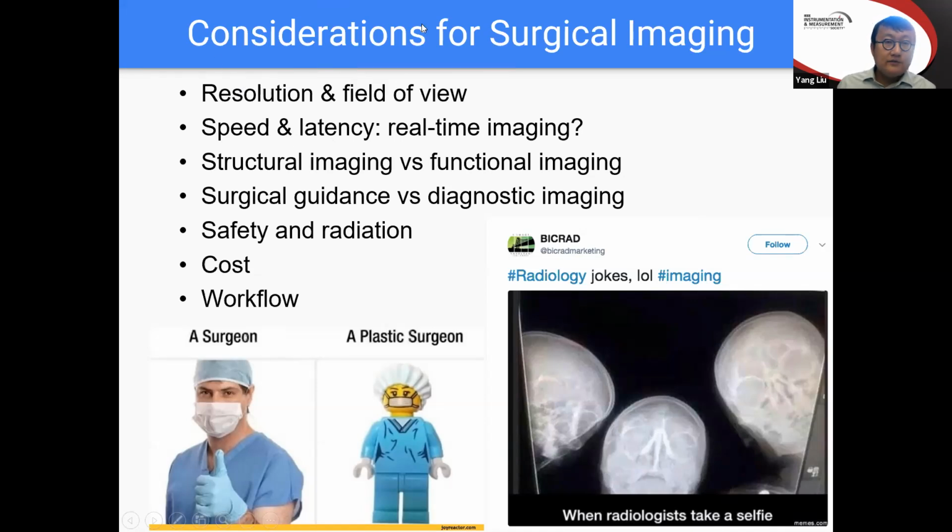For intraoperative imaging applications, the speed and latency are important. And real-time imaging is really preferred rather than waiting for 30, 40 minutes. Right. In addition, surgical guidance is very different from diagnostic imaging because the users are different and they want different things. And in the surgeon community, you also have different subspecialties. A plastic surgeon may want different things from a cardiac surgeon or orthopedic surgeon.